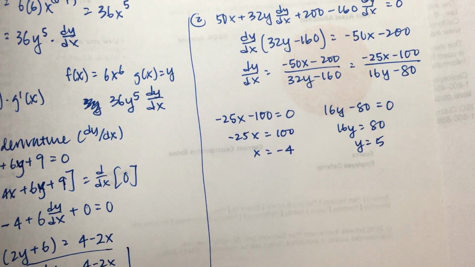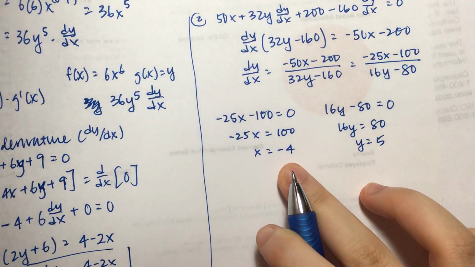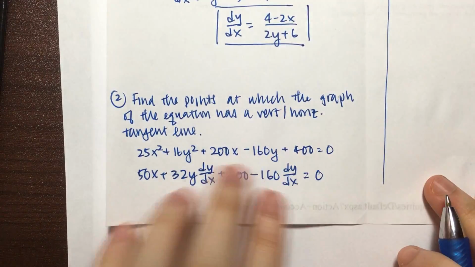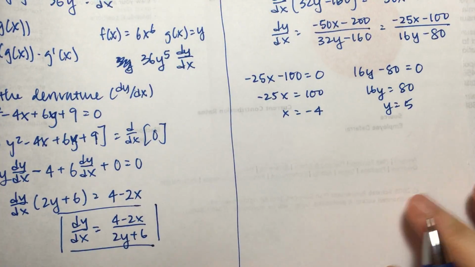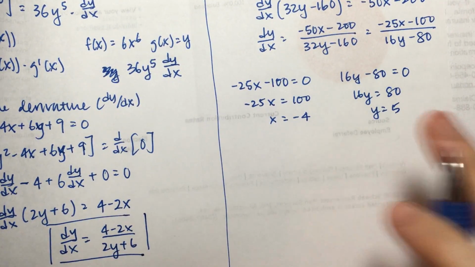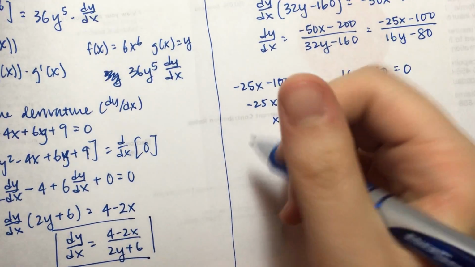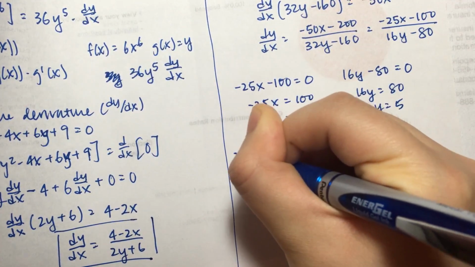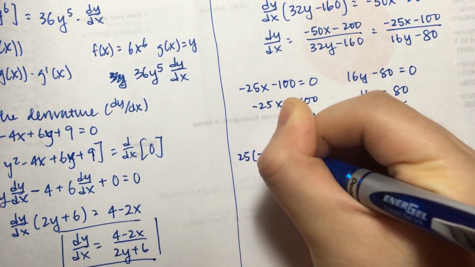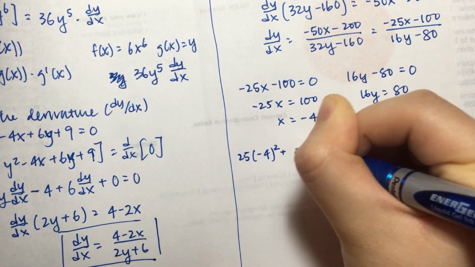Okay, and so to find the points, we would plug this into the original equation. This original equation right here. So I'm gonna start with the x values first because it comes first in the alphabet. Okay, so I'm just plugging this in.